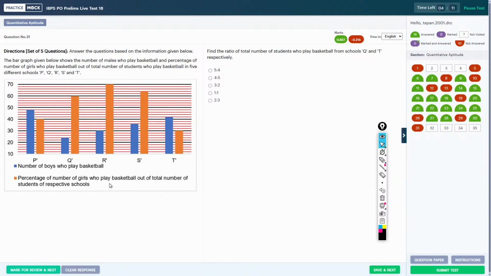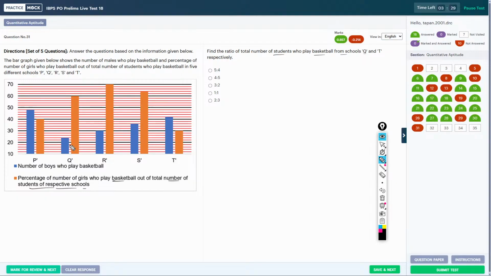Okay. Percentage of girls who played basketball out of the number of students. Okay. Find the total number of students who play basketball from Q and T respectively. For girls who play basketball, the total number of students, but the total number of students is not given, right?